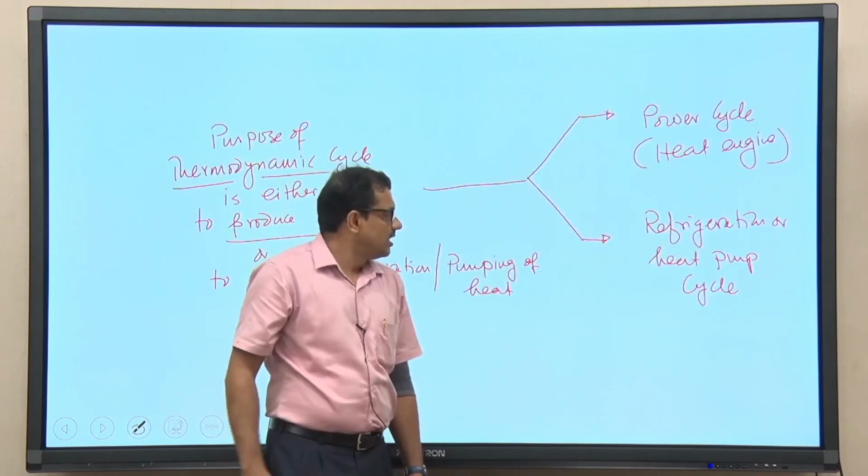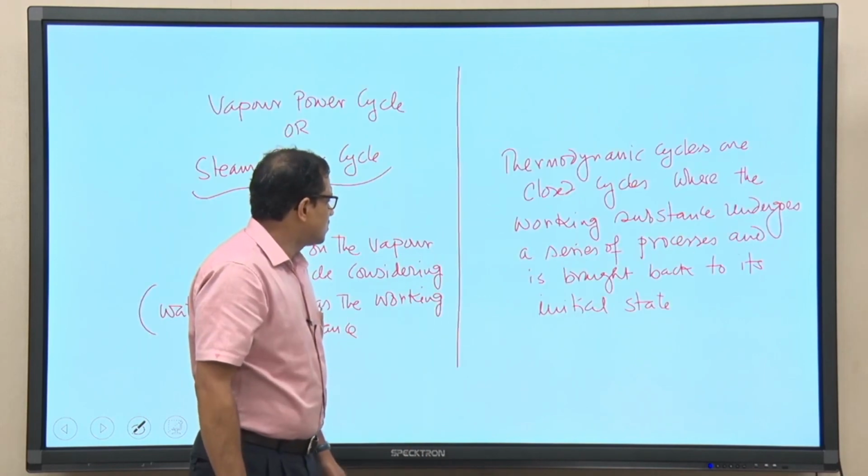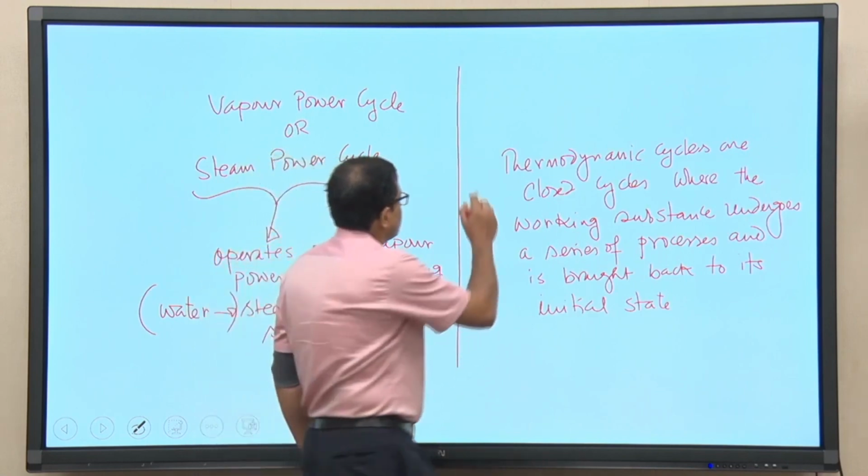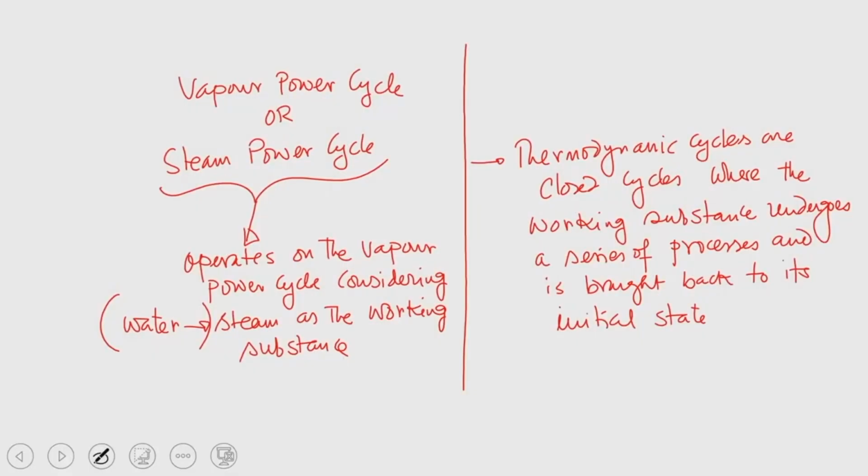So, this is very important. Fine. Now, the vapor power cycle or steam power cycle, being a thermodynamic cycle, is also a closed cycle.